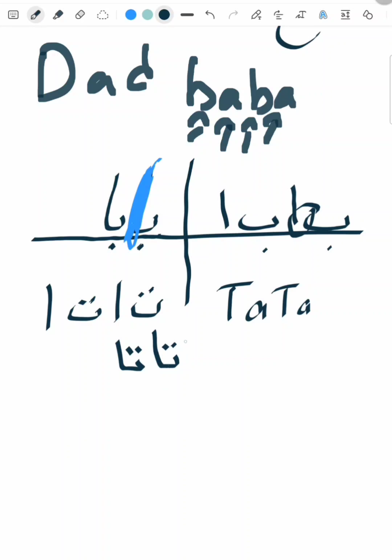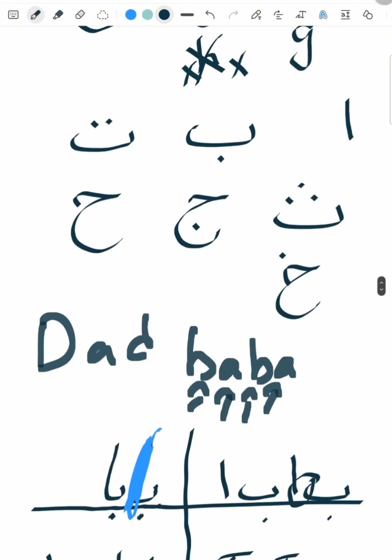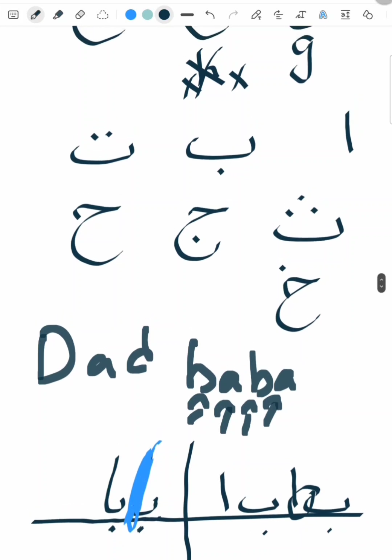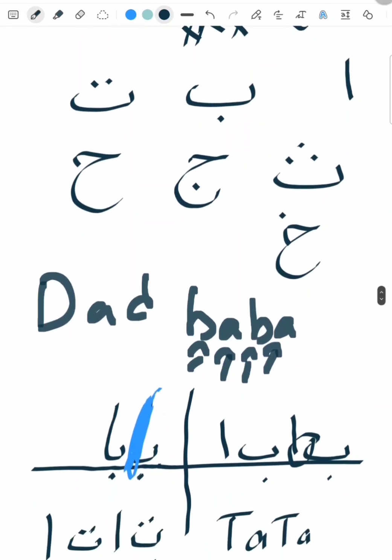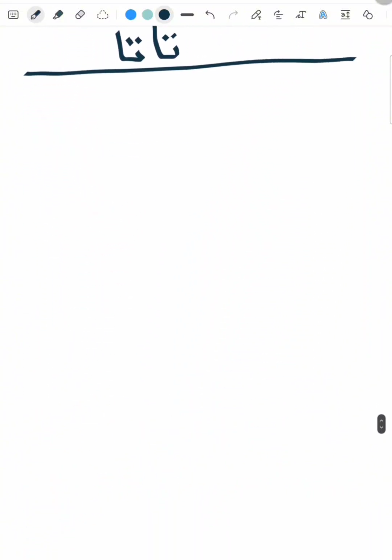We still have the open plate with two dots on top. So by default, it's the letter T. Cool. Let's move on. Alright, let's not make it too complicated, but at least you get the point. Now we're gonna move to another two letters.